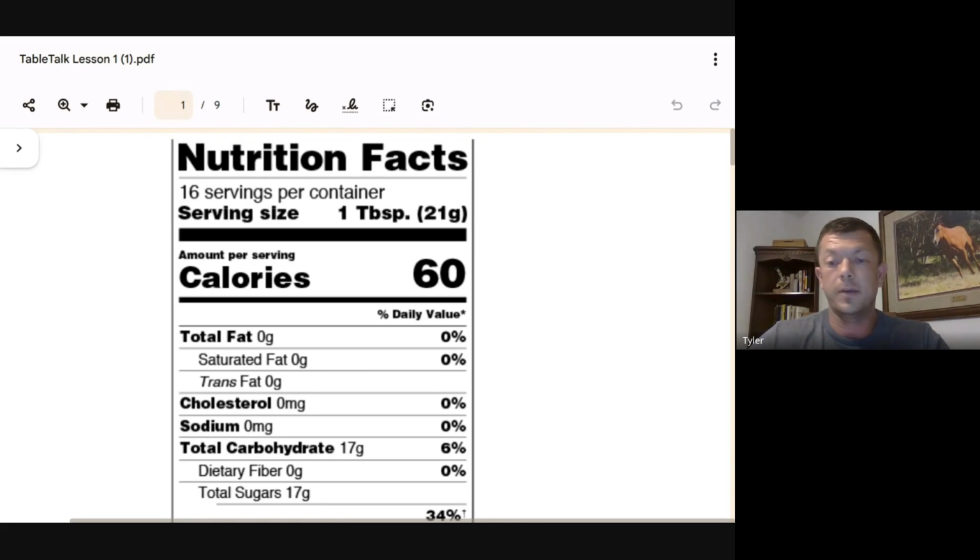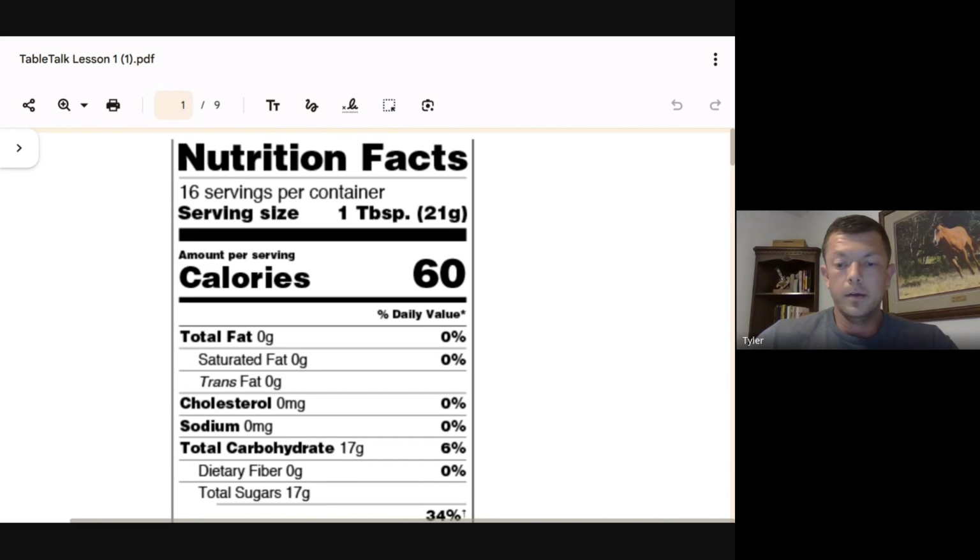By the end of today's session, I want you to have an established familiarity with the panel's layout. We're going to understand the serving sizes, calories, and the big three nutrients on a surface level. Then we'll get into specifics over the next couple of weeks.